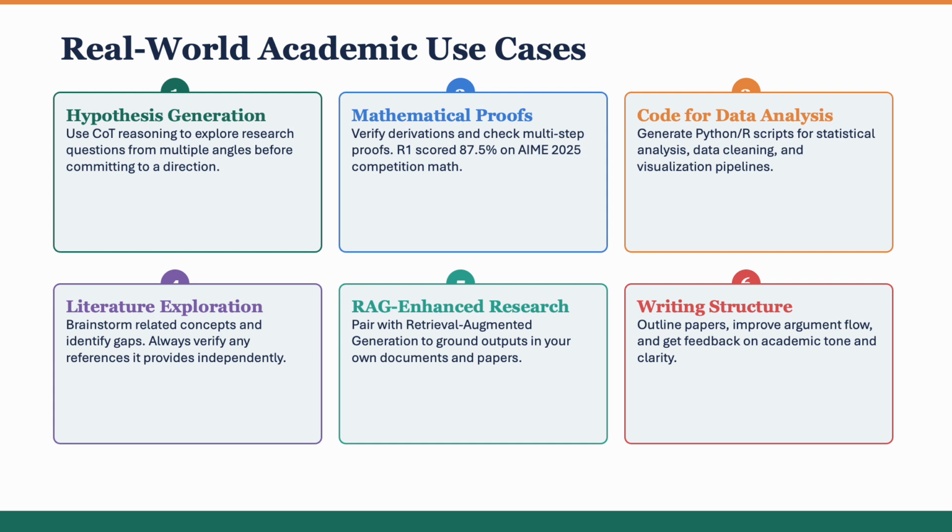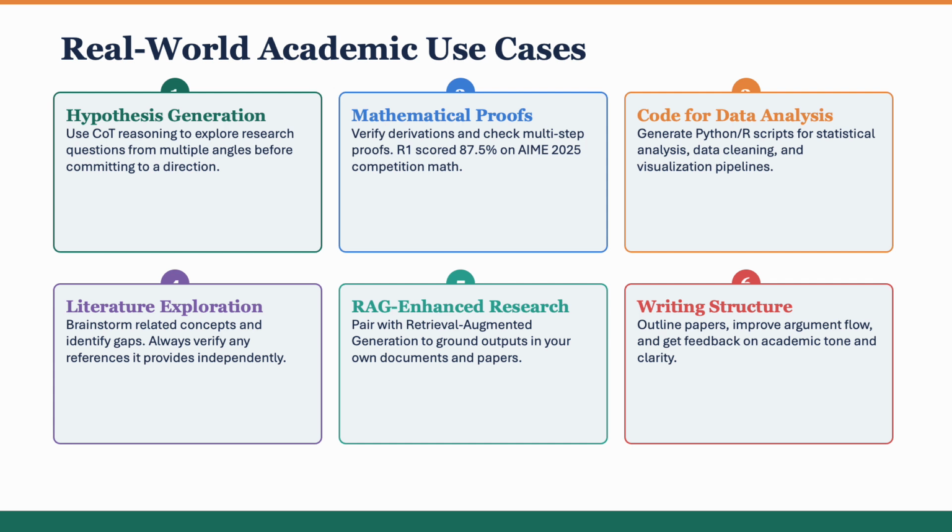Fourth, grant writing. It can help structure proposals, articulate significance statements, and draft specific aims. Fifth, peer review preparation. You can use it to critique your own drafts, identify logical weaknesses, and anticipate reviewer objections. Sixth, teaching material development.